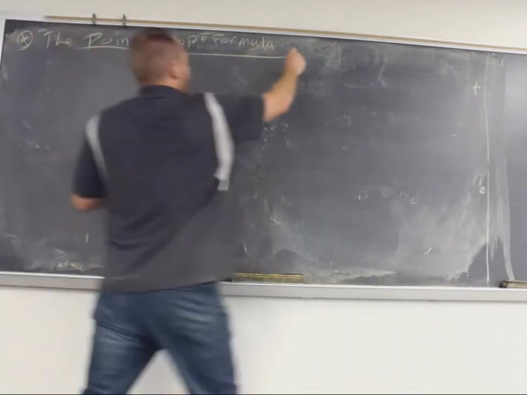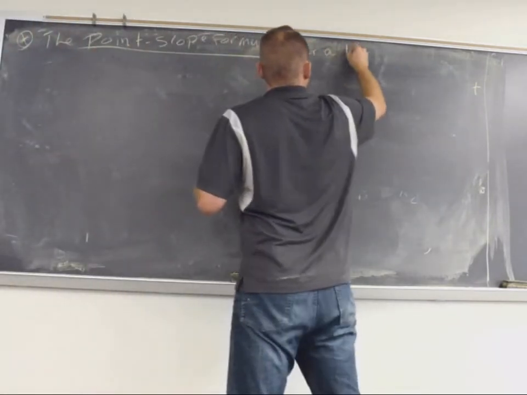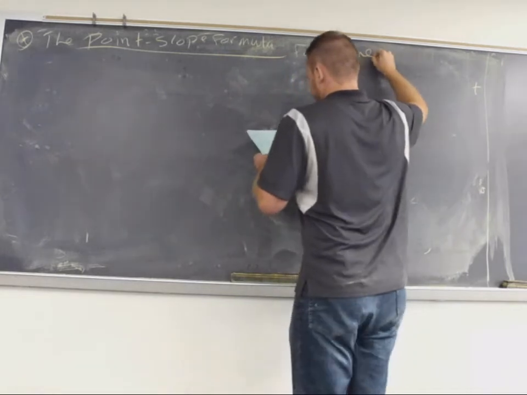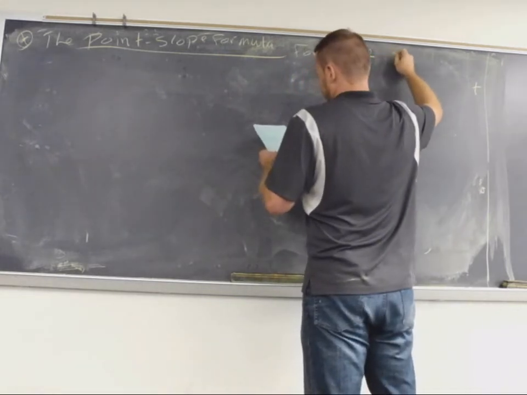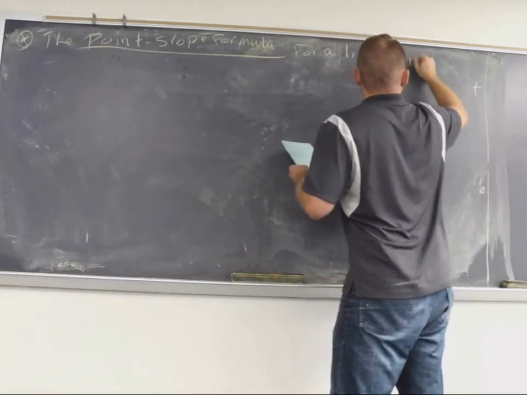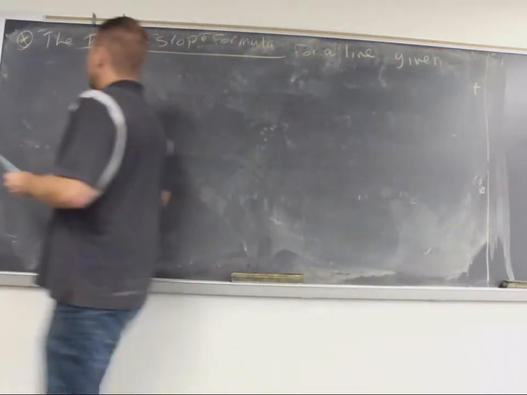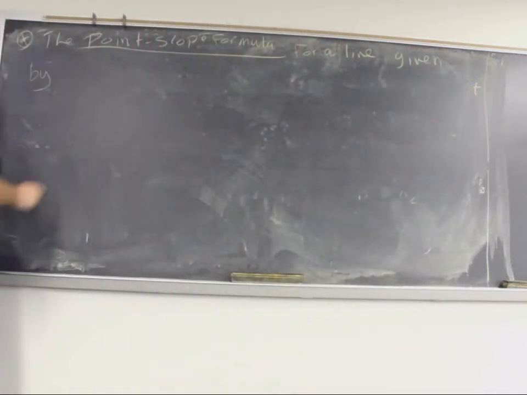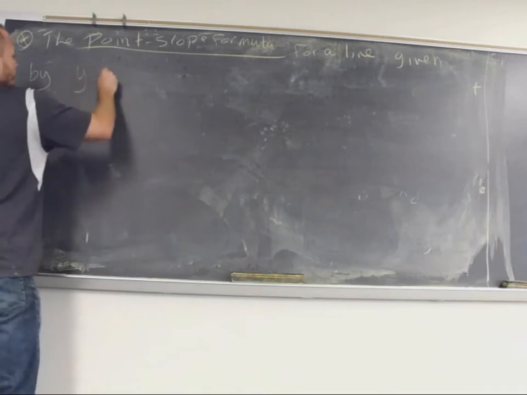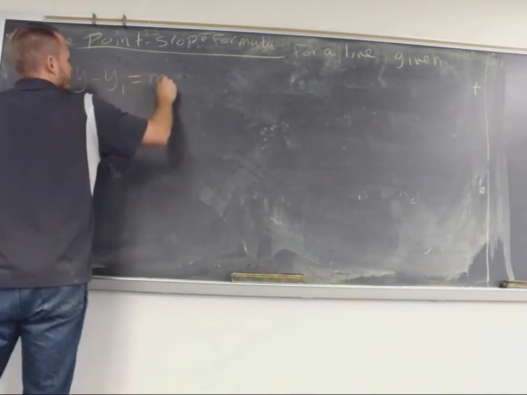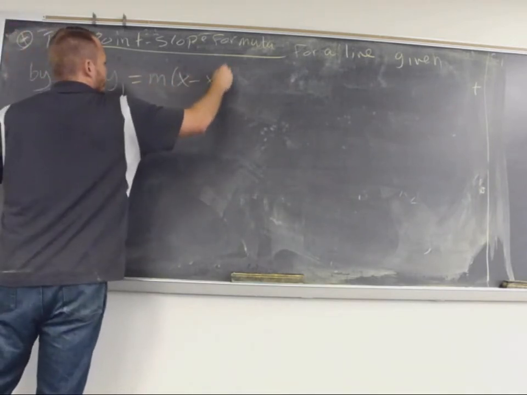This is for a line given by this thing. And every time you work a problem like this, you're going to want to write this formula every single time. It's y minus y1 is equal to m times x minus x1.